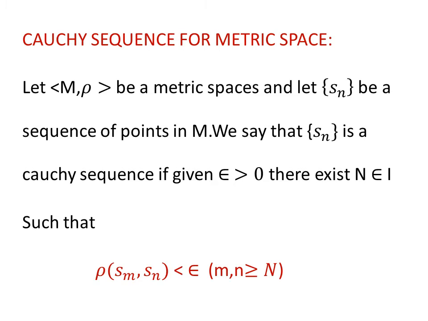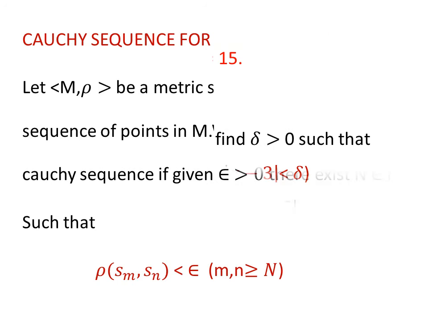Let (M, rho) be a metric space and let Sn be a sequence of points in M. We say that the sequence Sn is a Cauchy sequence if, given epsilon greater than 0, there exists N belonging to the natural numbers such that rho of Sm, Sn is less than epsilon for m, n greater than or equal to N.